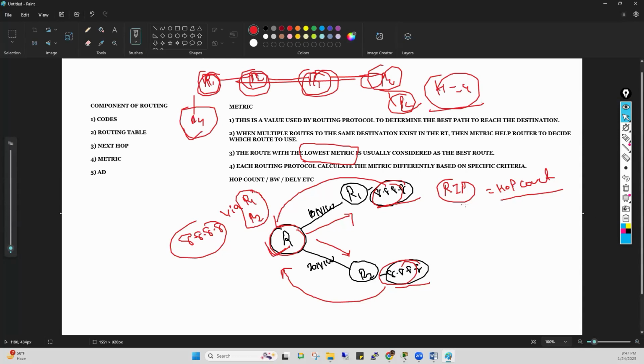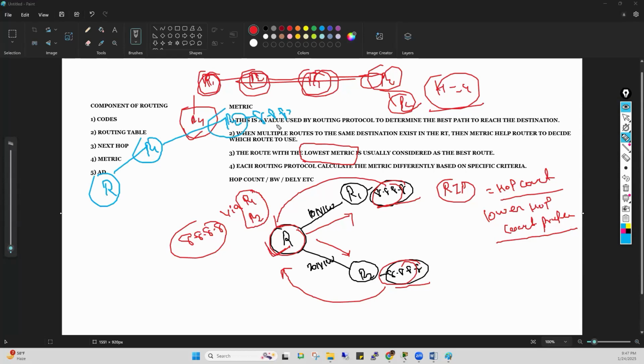And please remember, in case of RIP, RIP uses the hop count as a metric. And one more thing you need to remember: lower hop count is always preferred. Clear? What do you mean by lower hop count? For example, this is router 1, router 2, and here you are using 8.8.8.8.